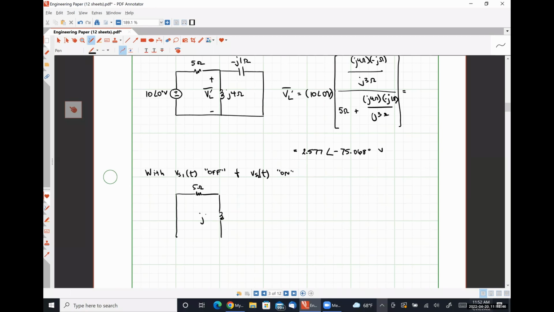Our inductor will now look like a J2 ohm impedance. Our capacitor will look like a negative J2 ohm impedance if I'm doing my mental math correctly. So it's going to be the reciprocal of 1/2, which is 2 times negative J. And then over here, we have an 8 angle 0 degrees voltage source. And we are now trying to find this quantity VL double prime.